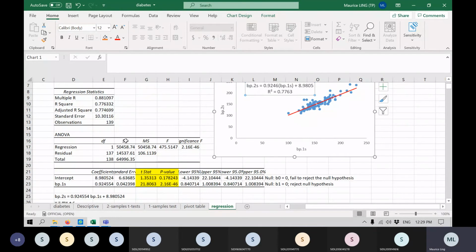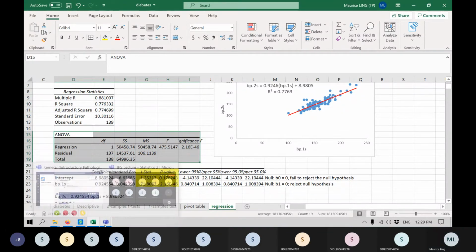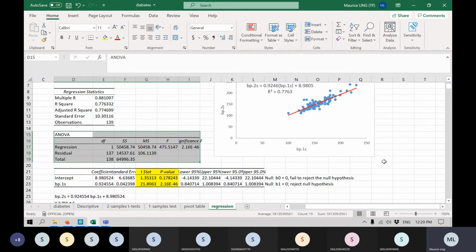Okay. Now, does anyone find it a bit weird and interesting why they give you ANOVA here? Does anyone find that this is weird? Why do you get an ANOVA table? Or let me ask you another question. Is there a relationship between ANOVA and regression?